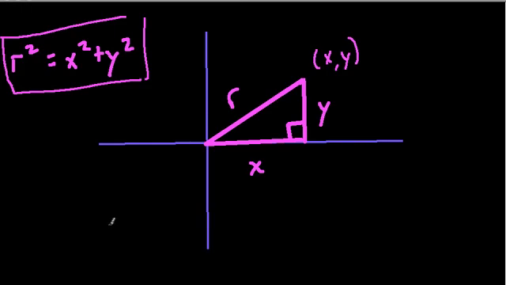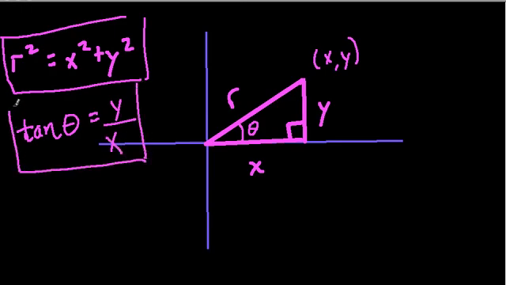The next tool is to think about, well, what does the tangent of theta equal? So if you're given an angle, the tangent of theta equals the y side, because theta will be right here, the opposite side, over the x. So this is going to be helpful to convert back and forth between the angle we're given in polar coordinates and Cartesian coordinates and vice versa.